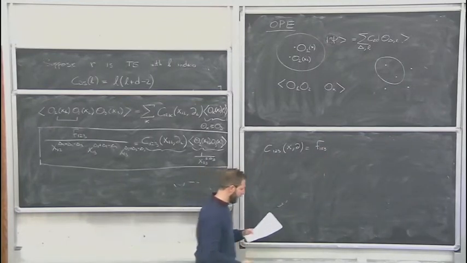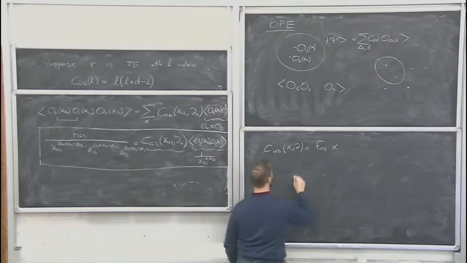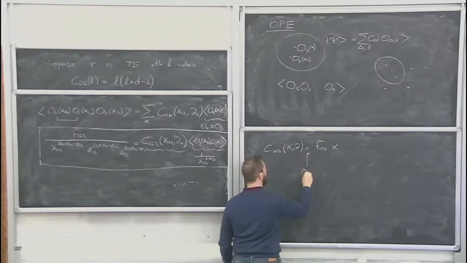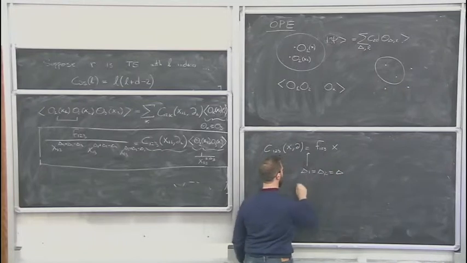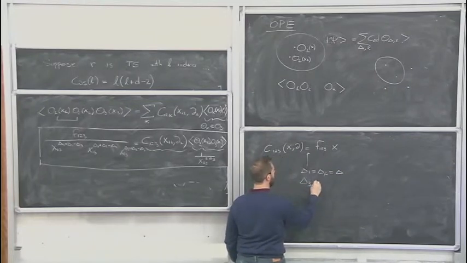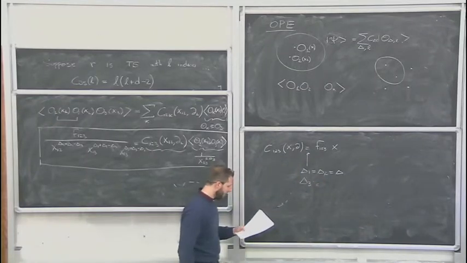Okay. This is in a specific example in which delta 1 equals delta 2 equals delta, and delta 3 is arbitrary.